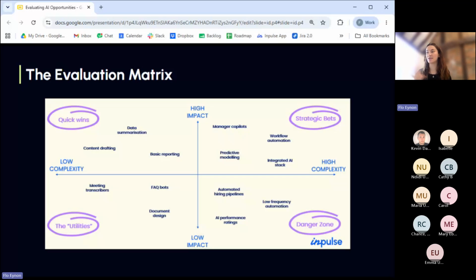So these are things like workflow automation. For us at Impulse, we have a customer success team, and they build these insights packs for clients where they take all the data off the system and do a lot of manual analysis on it, and we actually built a Claude bot to do it for them.